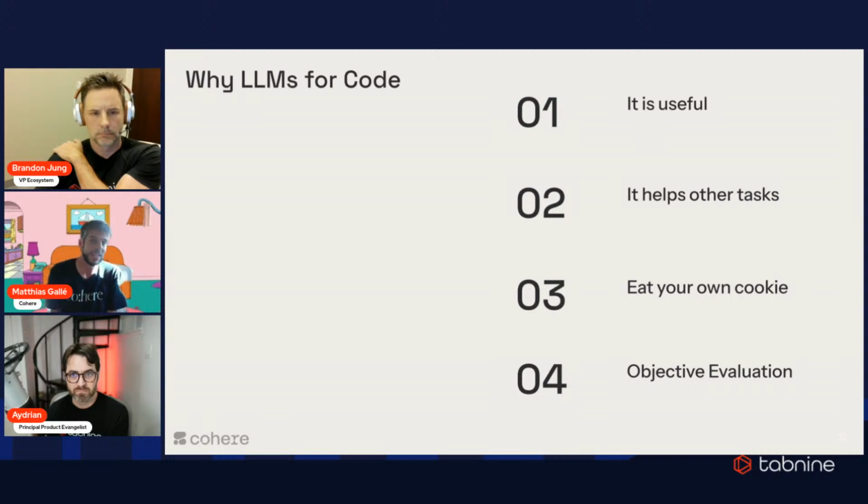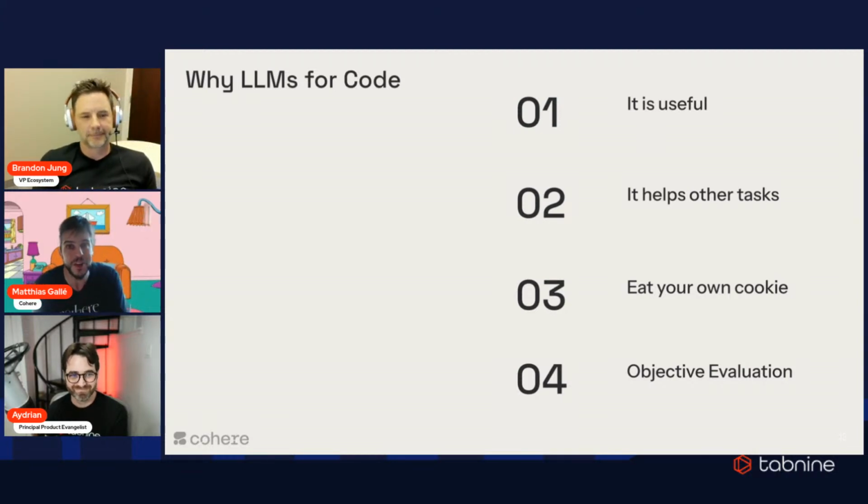As a developer, it's fascinating to be eating your own cookie, using your own creation. And finally, it is a scenario where we have a very objective evaluation, because it's not like, oh, this summary looks better than that other one. You can actually execute the code and see how it performs.